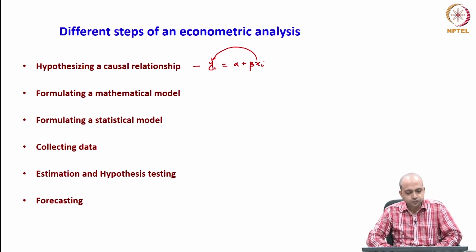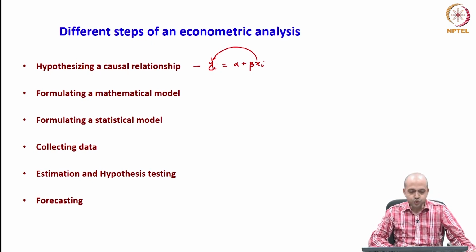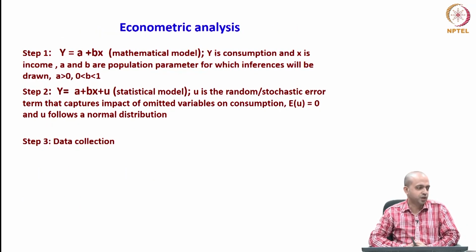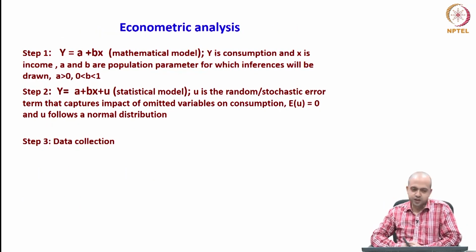Actually, he made this hypothesis, and then once you made the hypothesis, you have to make the mathematical model, which is the second step, formulating a mathematical model, y equals alpha plus beta x, right, where y is consumption, x is income, and look at the restriction what we are imposing on the alpha and beta.